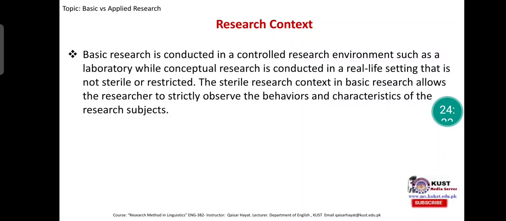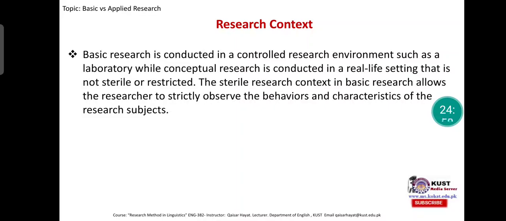The sterile research context in basic research allows the researcher to strictly observe the behavior and characteristics of the research subject. Students, context is the overall situation in which research is done. So basic research is done in a restricted area where the knowledge can be increased.